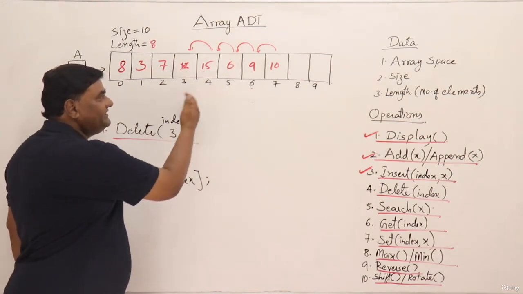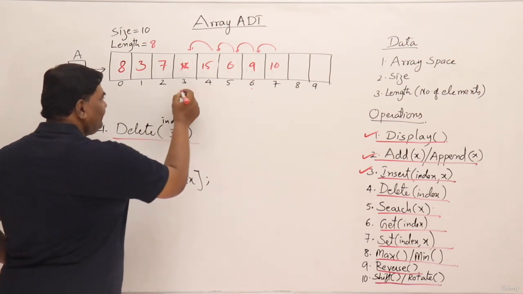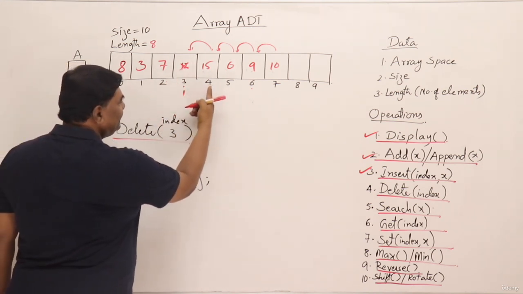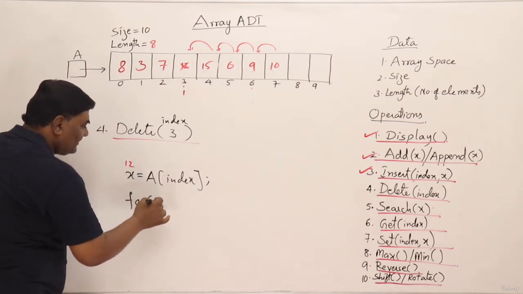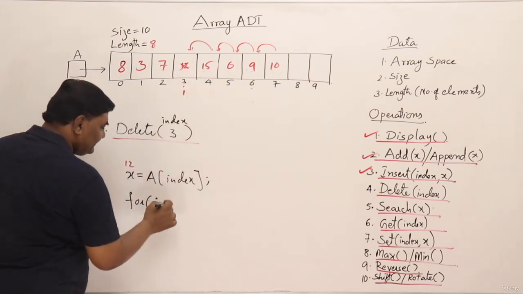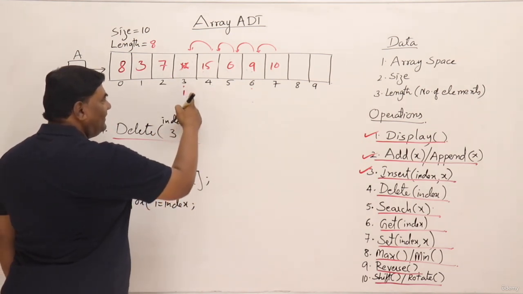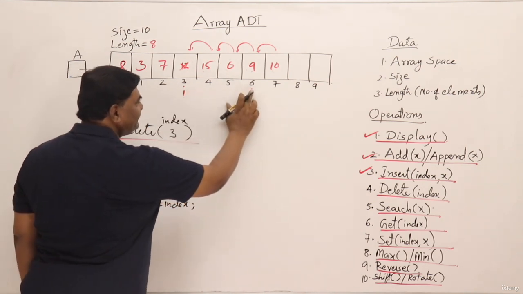The shifting of these elements can be done using a for loop. Let us start i from the given index, and being at i, it can copy the element from the next index. So let us write a for loop where i starts from the given index. This index is 3. Where should i stop? It should stop at 6.